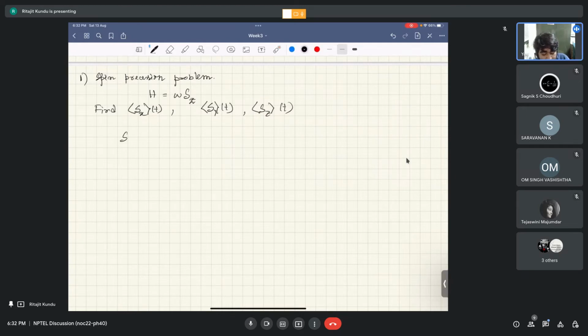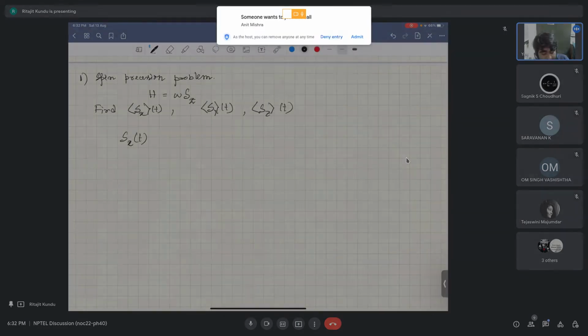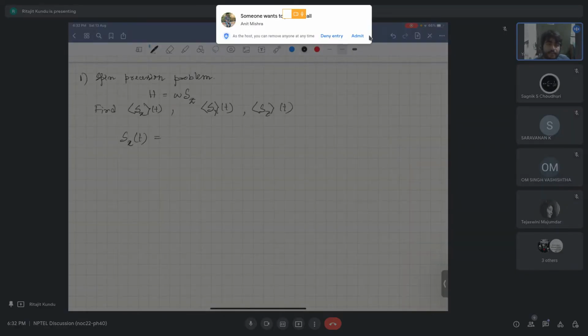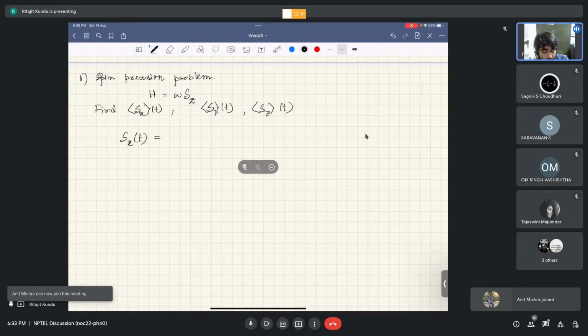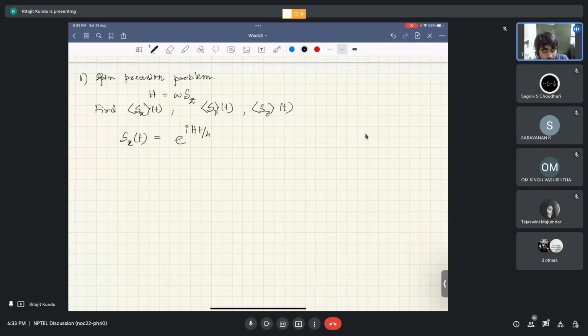When you write Sx(t), this is the Heisenberg operator, which will be given in terms of e to the power iHt by h bar, Sx, and e to the power minus iHt by h bar.